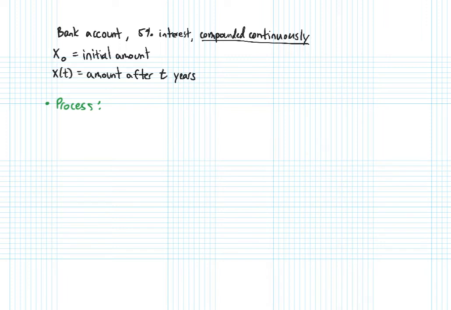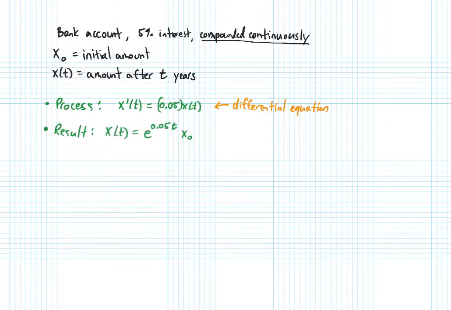But in this case, the process is given by a differential equation, where x prime of t is the interest rate times x of t. And then when you solve this differential equation, you get the result that x of t is e to the 0.05t times x naught.